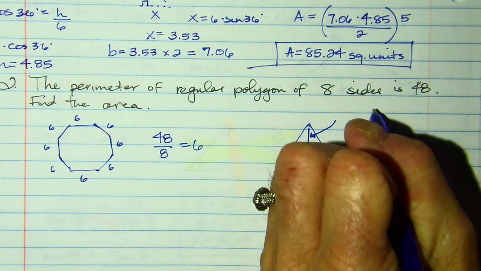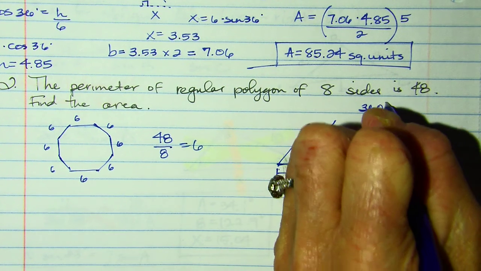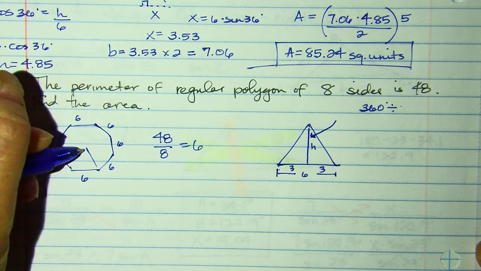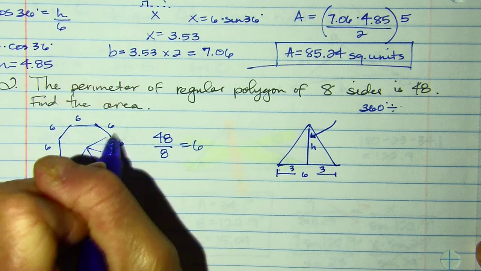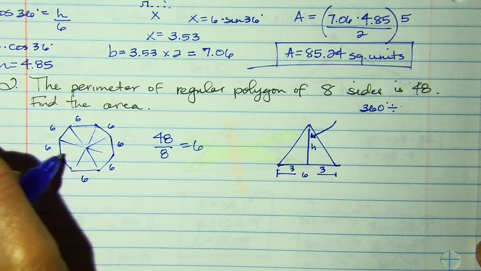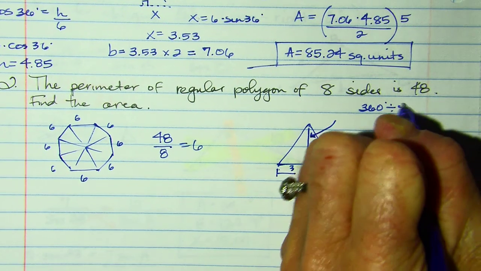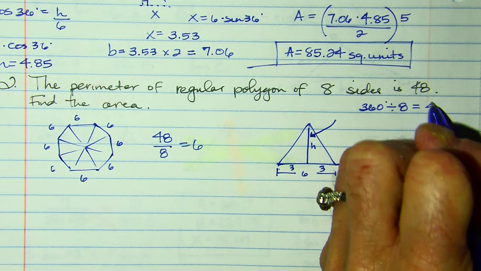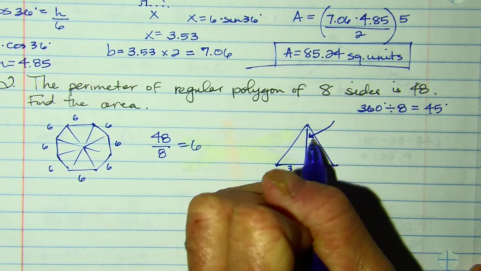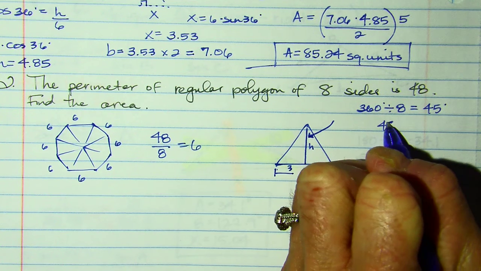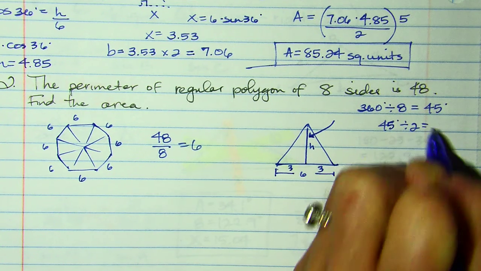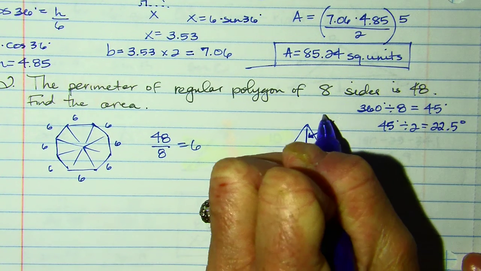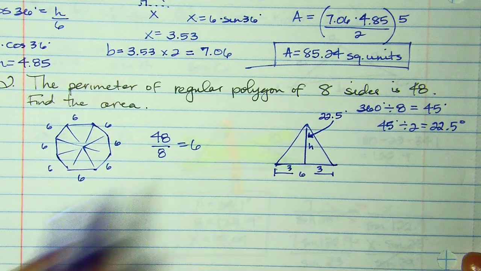In order to find that, I'm going to do 360 divided by the 8 triangles, because I have 8 sides, so I would have 8 triangles. 1, 2, 3, 4, 5, 6, 7, 8. So 360 divided by 8 gives me 45 degrees, but that's this whole thing. So then I have to cut 45 degrees in half, and that gives me 22.5 degrees. So this is 22.5 degrees.